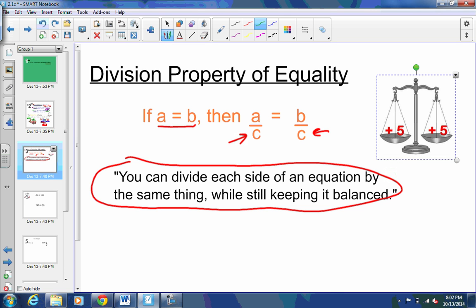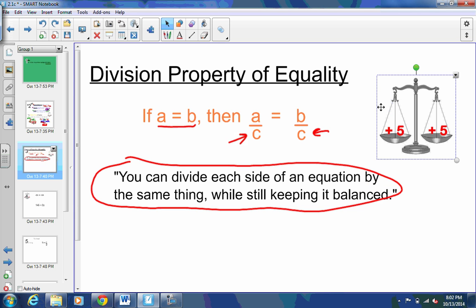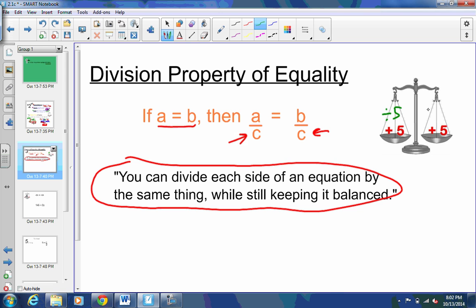We will divide both sides by 5. What you do to one side, you have to do to the other. This property says we can divide both sides by 5, and it will be legal. All right, so let's use that property.